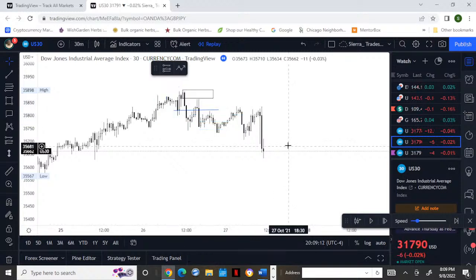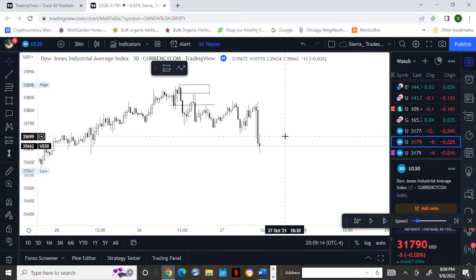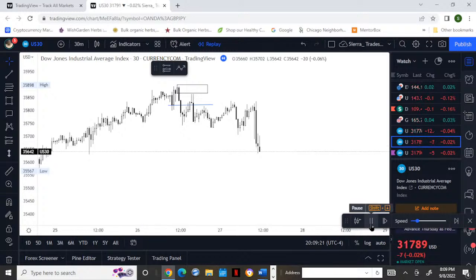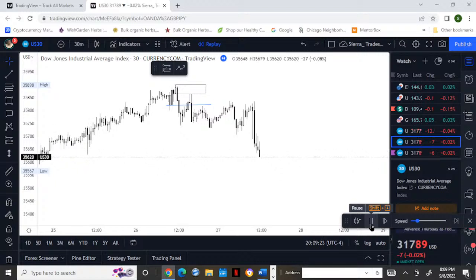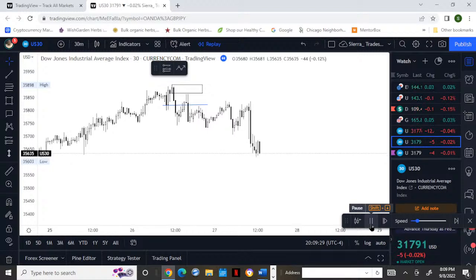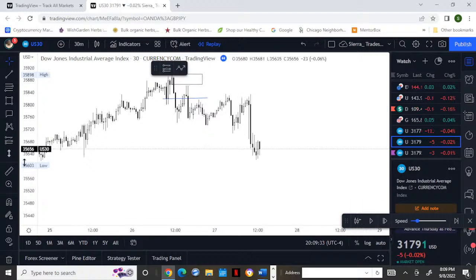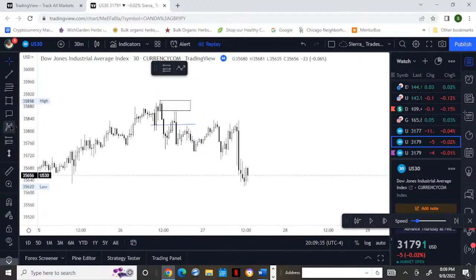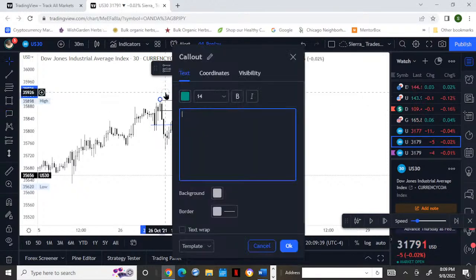And then we look for another pullback for a minor fib move. This was, I guess, a minor fib move. All right, so we're going to let it play. I'm going to mark these areas up real quick. Higher high.